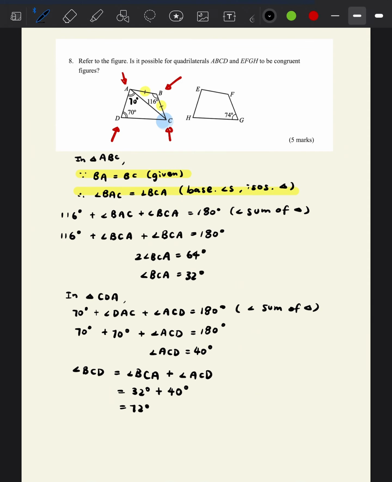But the thing is, you can't ask the teacher to look at it herself and figure it out. So you have to tell me that angle BAD is equal to angle BAC plus angle DAC. Which is your 32 plus 70, and is 102 degrees.